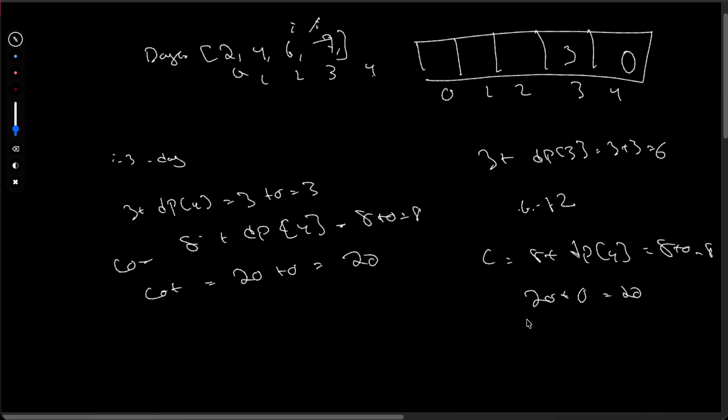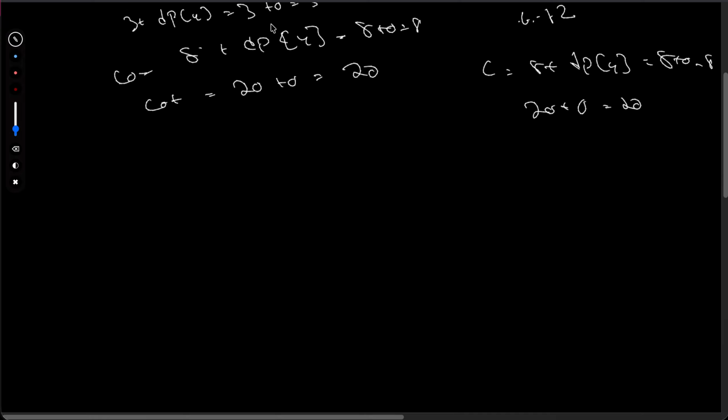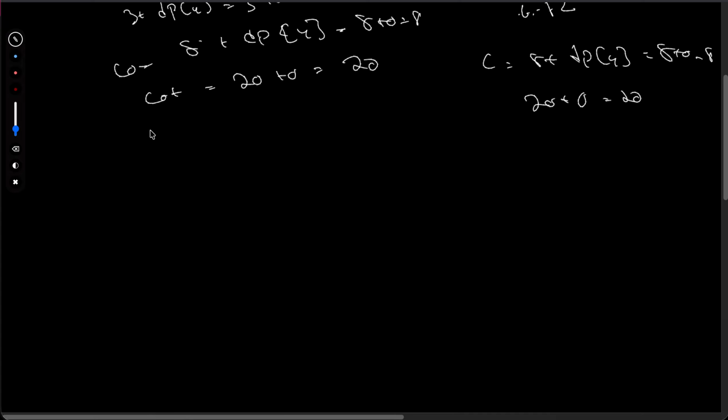So the dp of 2 is 6 because option 1 is 6, option 2 is 8 and option 3 is 20. Okay, it was 6. i comes here, i is 1, day is 4. So option 1, 1 day pass, covers day 4 only.